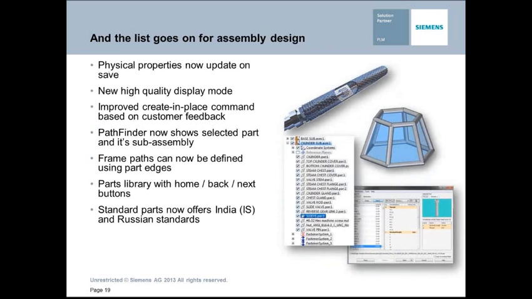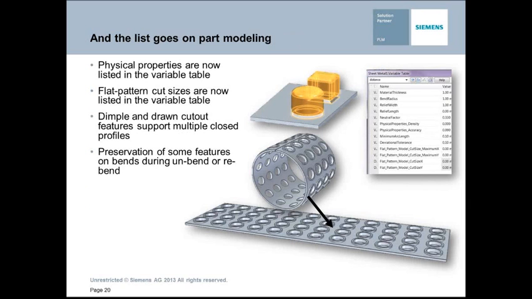Besides drafting, we've also added enhancements to our assembly, enhancements such as more photorealistic rendering on the screen, the ability to put in things like home, back, and next within our part library buttons. We've also enhanced our frame design, which I plan on showing you in the demo coming up in just a few seconds. Here's one that really gets me excited, the ability that we have now to actually roll some deformations.